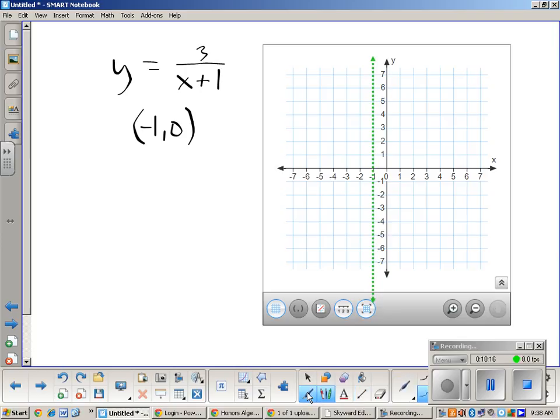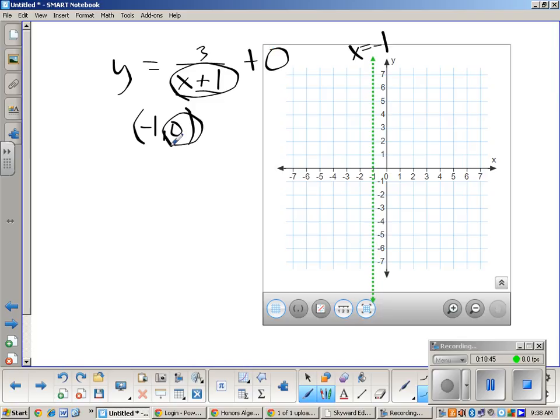Now they may very well ask you to identify the asymptotes, and you can get that information directly from the equation. You don't have to solve or manipulate anything, you just have to understand what it means. The whole graph is going to shift 1 unit to the left. Since there's nothing out here, I'm really adding a 0, so it's not going to shift up or down at all.